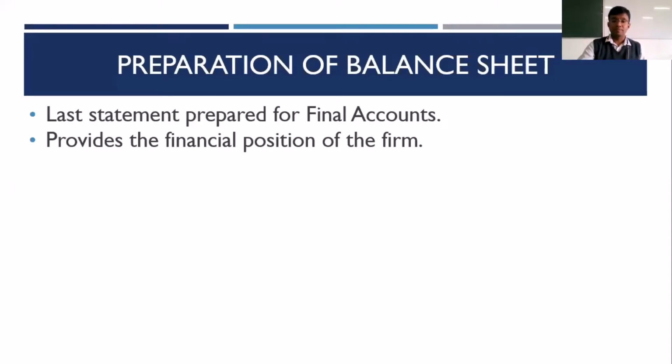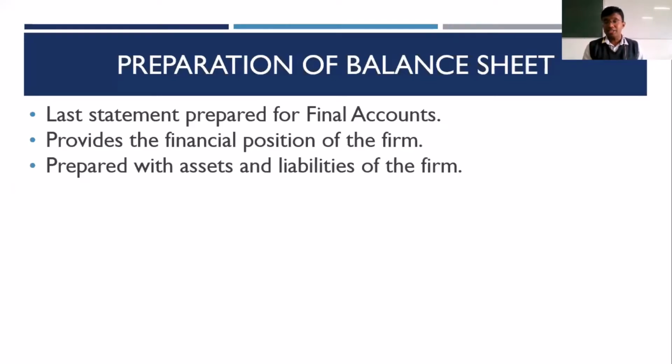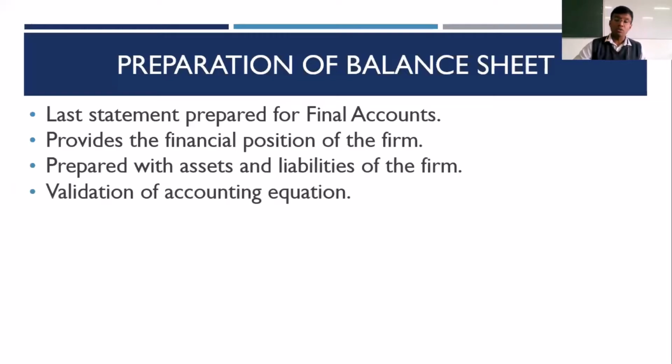Now moving on, the balance sheet is prepared with the help of picking up how much of assets a business has and how much of liabilities a business has. Also, while we are preparing the balance sheet, please remember we are validating the accounting equation.